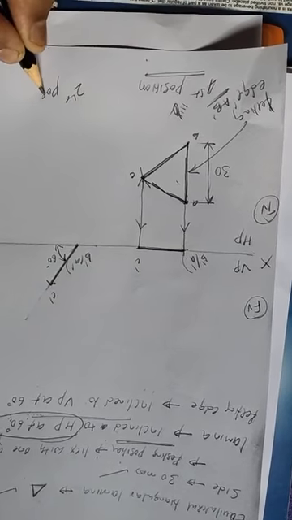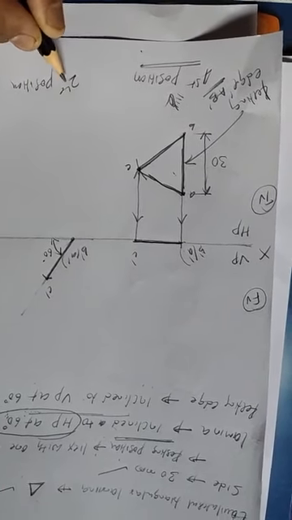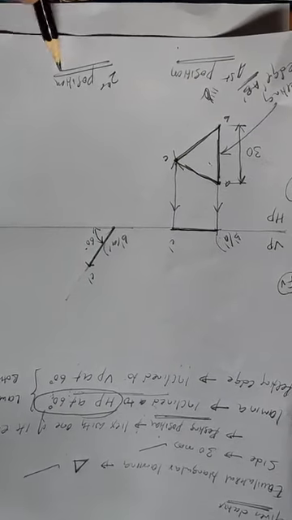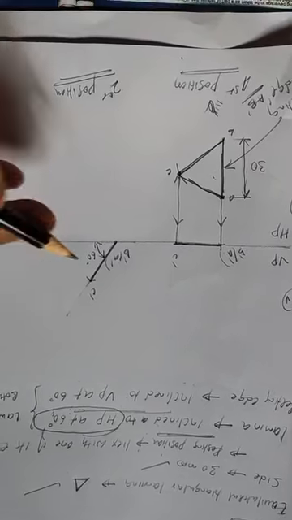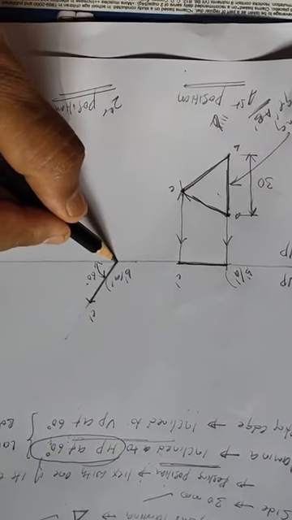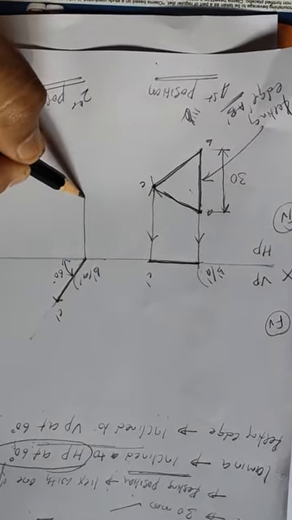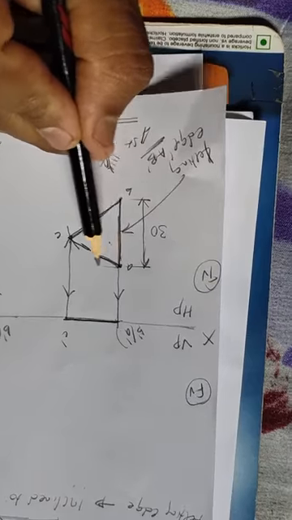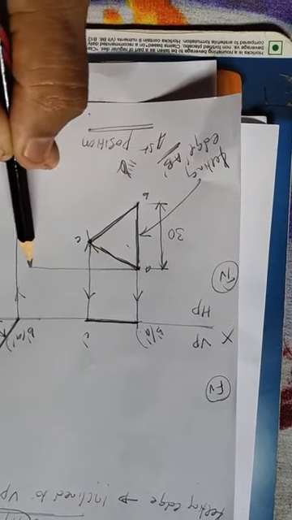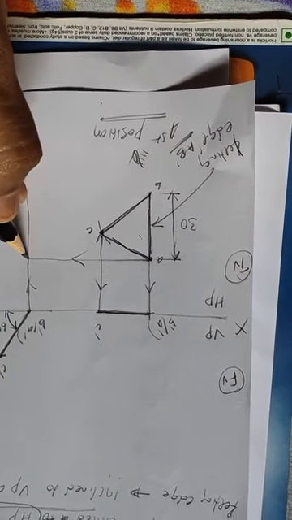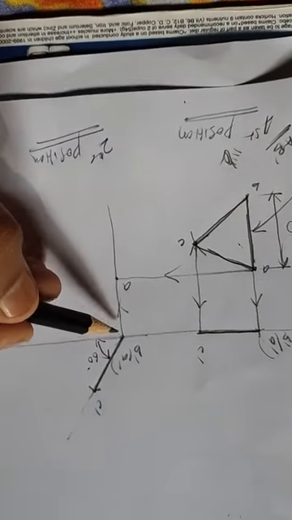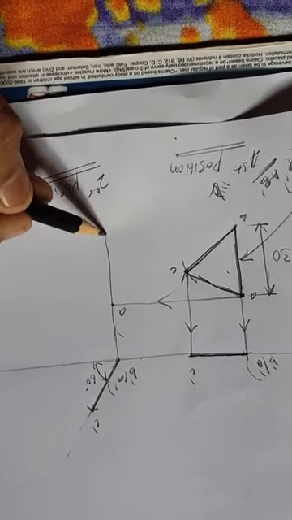What is the second position? Make the lamina inclined to one plane and perpendicular to another plane, right? Now from A dash, draw a vertical projector. From A, the top view of the first position, draw a horizontal projector that meets at a point called A. Next, from B dash, draw a vertical projector.